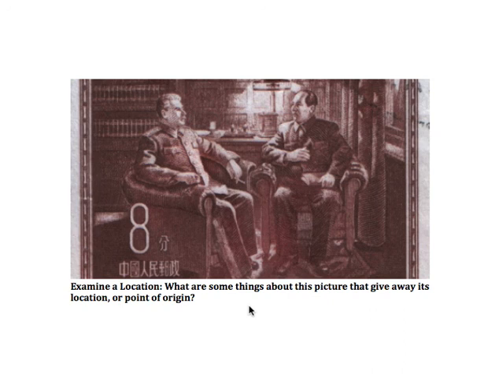So then we would look for our answers for anything related to that, and then we would call it a day. So that's an important reason why examining an image for the location or the point of origin is very, very important. Definitely something you want to keep in mind.